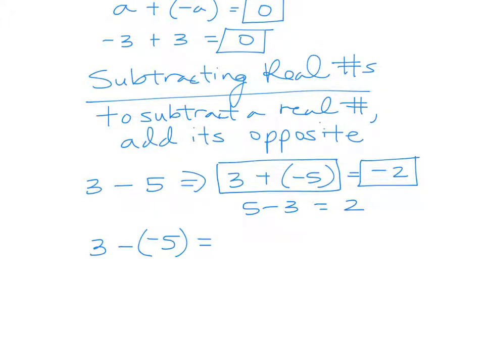Minus a negative is plus a positive. So if you see minus a negative, you can just add 2 crossbars, and that's your problem. Minus a negative is plus a positive. So you're really doing 3 plus 5, which is 8. Okay, so when you're subtracting, really you're adding the opposite.